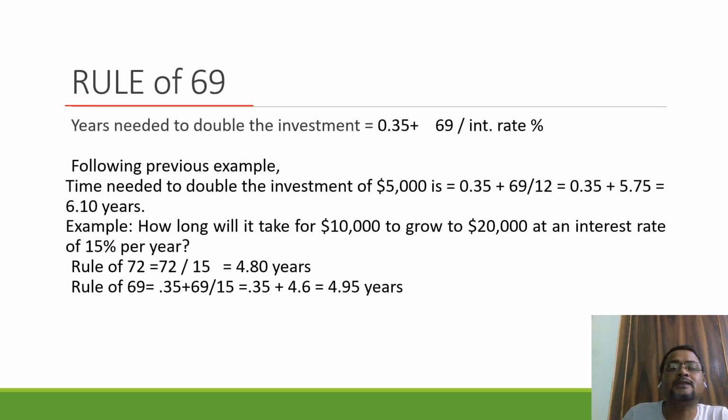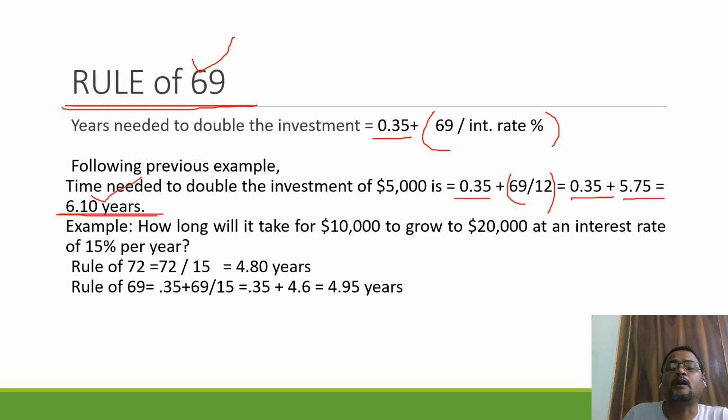Rule of 69. This is another formula which is slightly better than rule of 72. The formula is 0.35 plus 69 by interest rate. So if the rate of interest is 12%, which was used in the previous slide, this is 0.35 plus 69 by 12. So 0.35 plus 5.75, 6.1 years. This is approximately correct. So using rule of 69, it will take 6.1 years to double the money of investment.